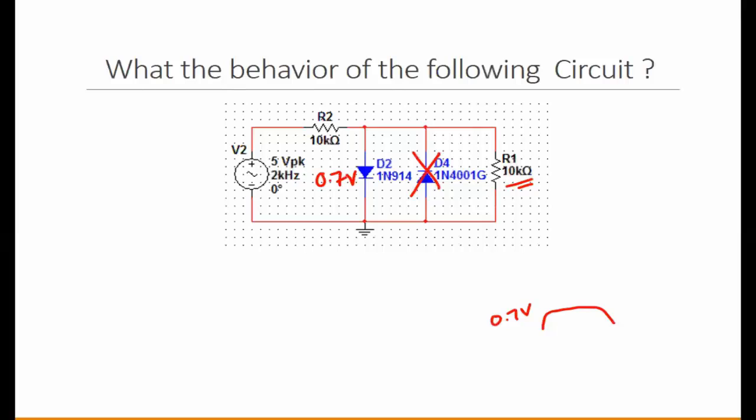What will happen for the negative cycle? For the negative cycle, D2 is reverse bias, but D4 is forward. That means it has 0.7, but the negative is on the top. So what you will be getting is negative 0.7. And they're not going to cancel out each other.